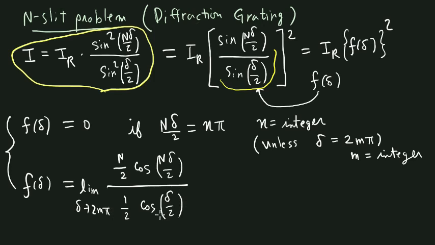So now we consider this expression here. If delta is 2m times pi, then the cosine here is of an integer times pi. So what is the value of cosine of an integer times pi? That's either 1 or negative 1. Here also we get the same situation. Depending on the value of N, we may get 1 divided by 1, or negative 1 divided by 1, or negative 1 divided by negative 1, or 1 divided by negative 1.